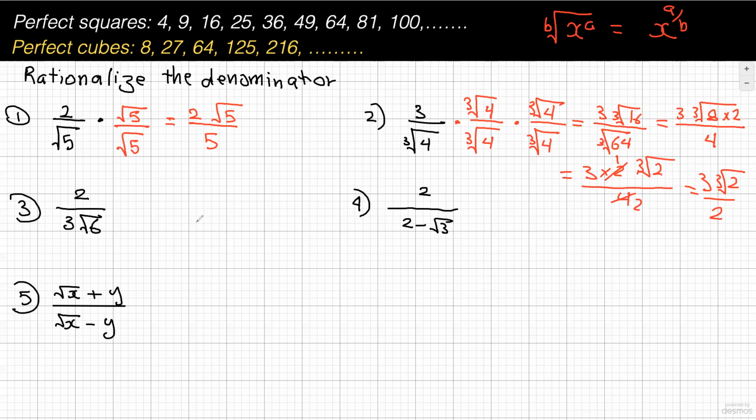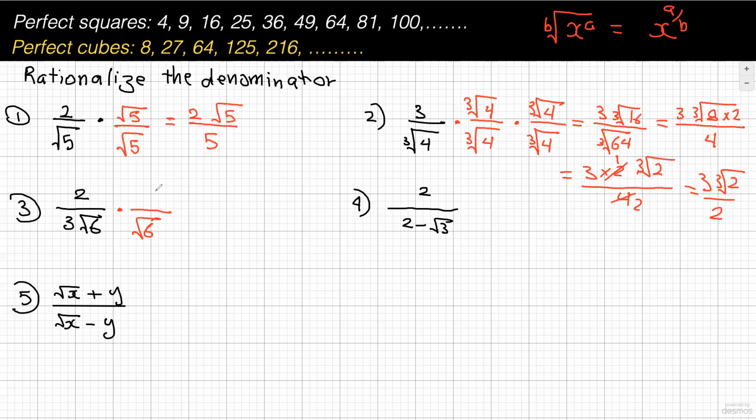All right. Now, how about this one? This one, a lot of students, what they do, they multiply top and bottom by 3 root 6. You don't really need to do that because the 3 is rational, so you don't have to multiply by 3. I advise my students to multiply just by root 6. If you're happier multiplying by 3 root 6, go ahead. You just have to reduce a bit more later. But here, just multiply by root 6.